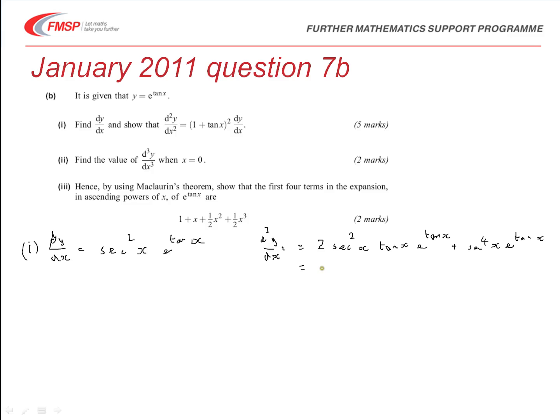So if we take out the sec squared x e to the tan x, then we are left with twice tan x plus sec squared.